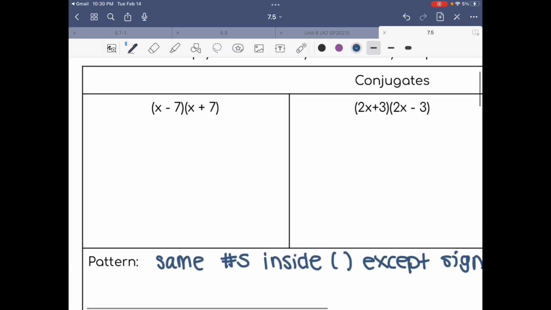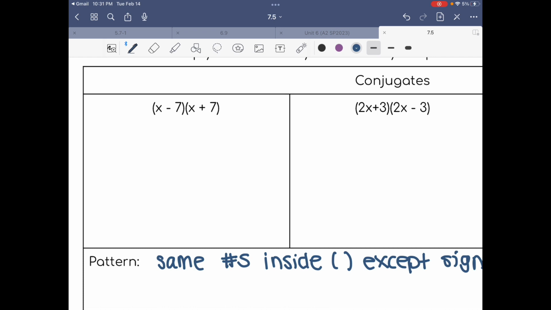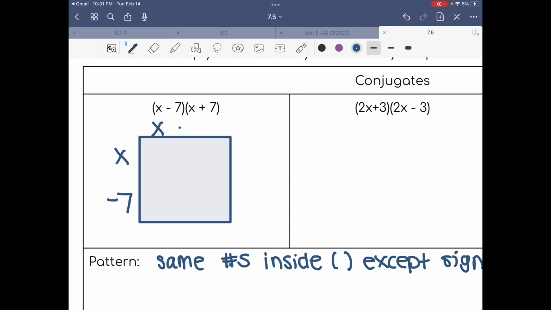Alright, so I'm going to go ahead and do the box method on the first one. I will FOIL on the second one, and then on the third one, we'll try and use the shortcut. The first thing you're going to do is go ahead and draw yourself a box. And then you're going to put x minus 7 on one side and x plus 7 on the other side.